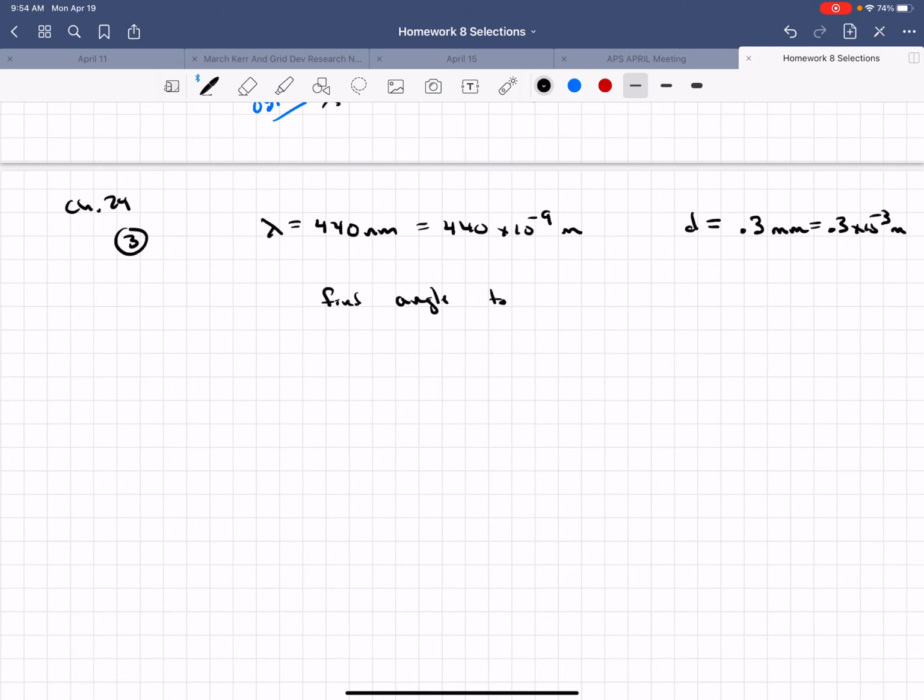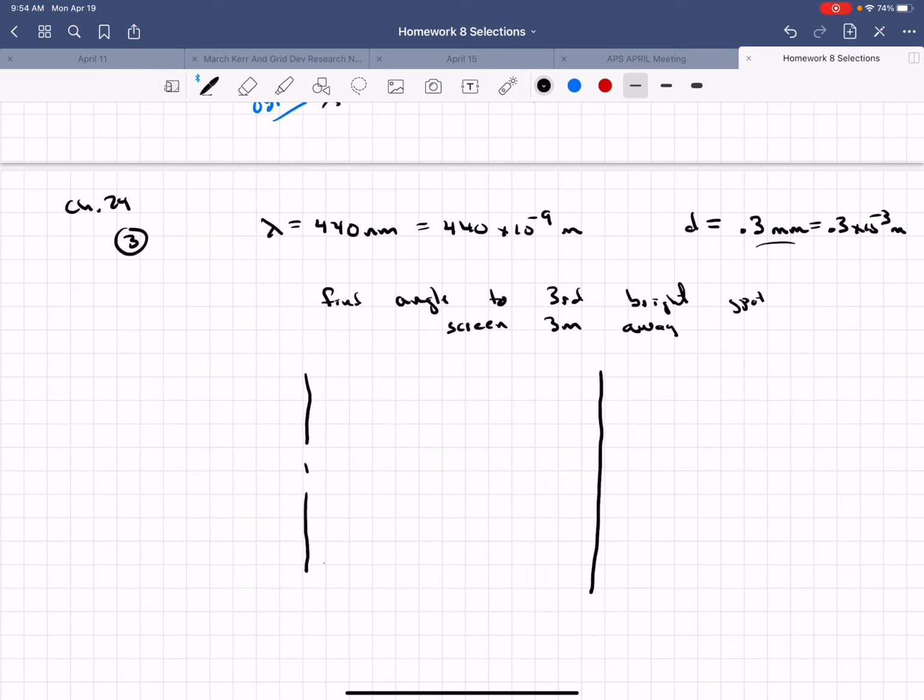to the third bright spot on a screen that's 3 meters away, and also the distance to that screen. Now, I can't draw that to scale because you wouldn't be able to see the slit separation.